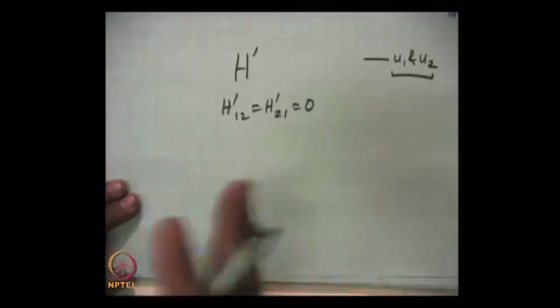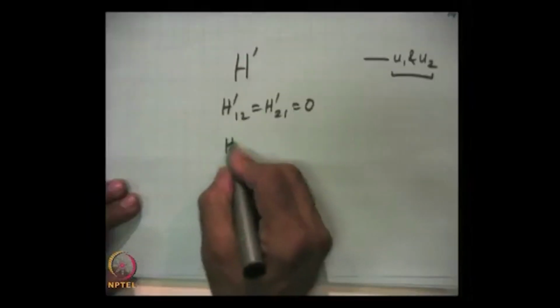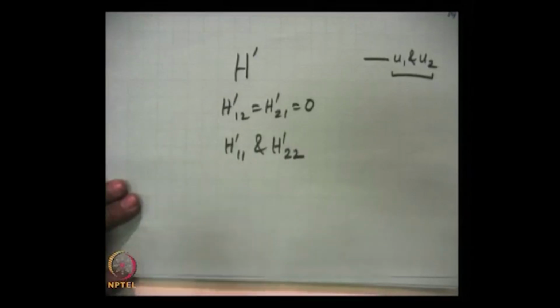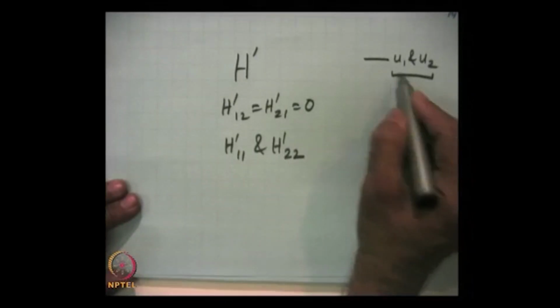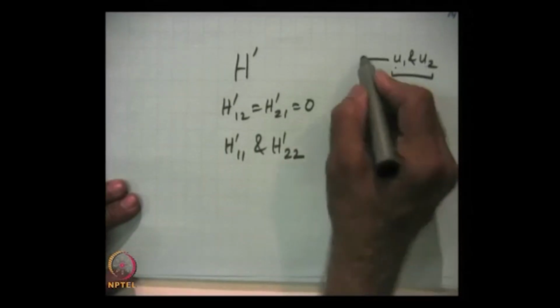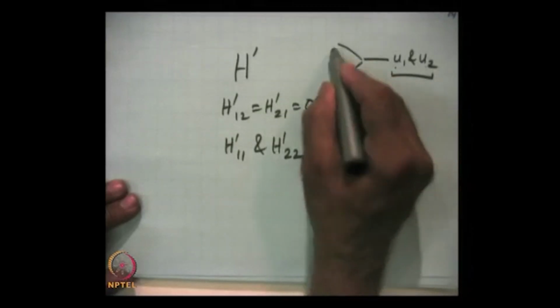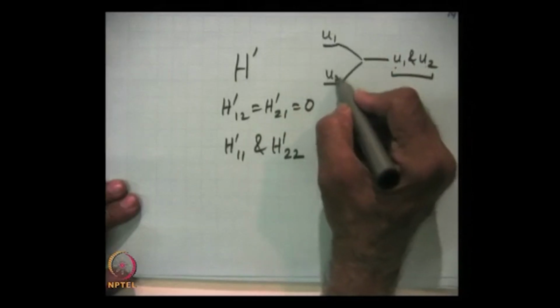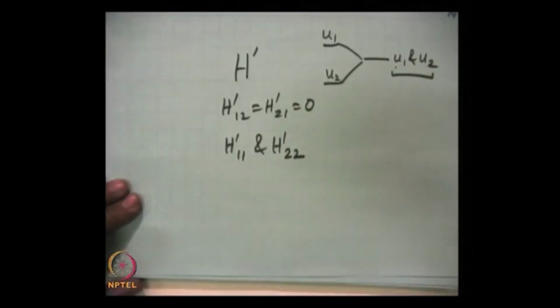If I am successful in doing that, then H prime 1 1 and H prime 2 2 are the perturbations, and this level will split up into 2 states, and the 0th order wave functions will be u1 and u2.